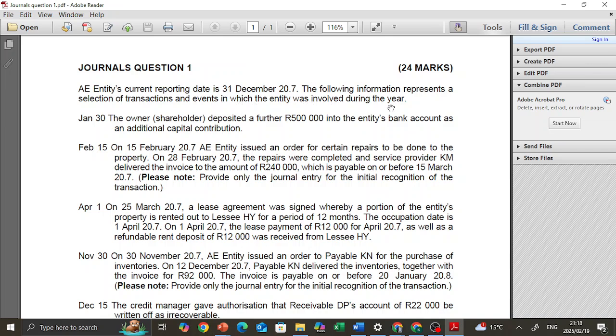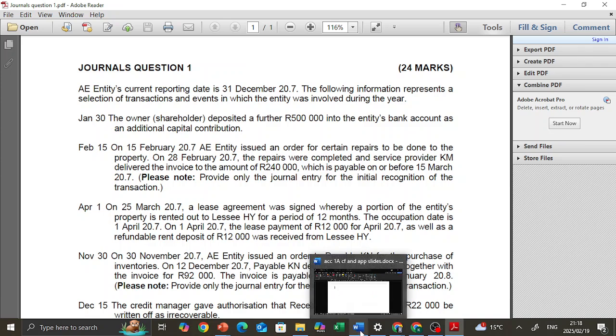In which the entity was involved during the year. Jan 30, the owner, shareholder, deposited a further 500,000 into the entity's bank account as an additional capital contribution. So talk to me, guys. What are we gonna do?